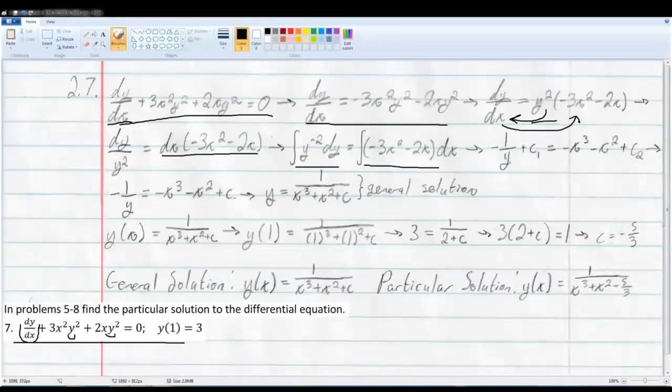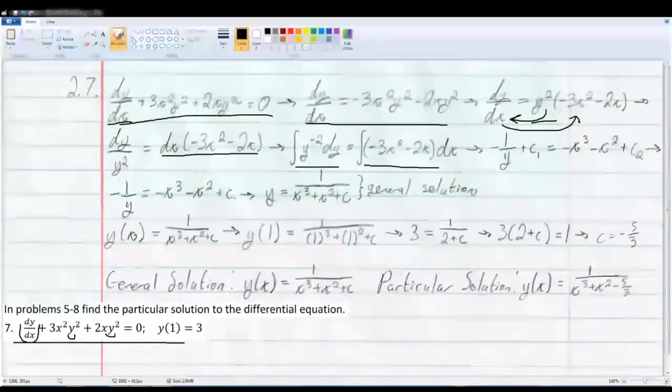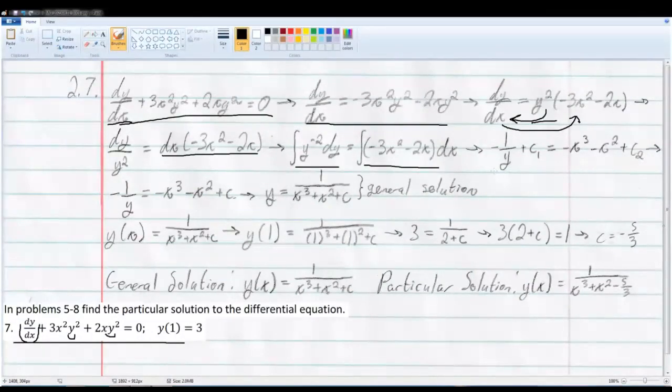And so doing the integral, it's fairly easy for this one. It ends up being negative 1 over y plus c1 equals negative x cubed minus x squared plus c2. And now both of them are just constants.